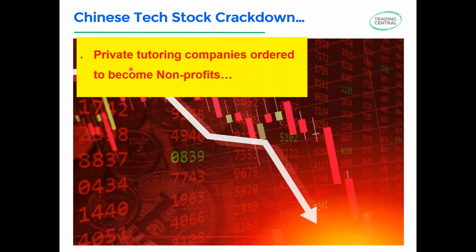For example, the Ant. Do you still remember Ant Financial from Alibaba? It was designed to be the biggest IPO at the time, up to several billions, and just several days before the IPO, the authorities just said stop it, and you cannot predict that.